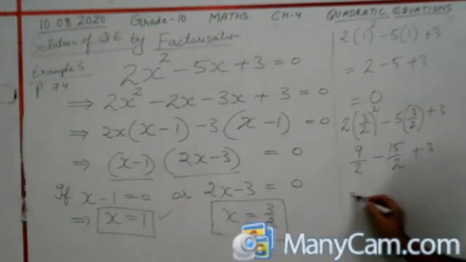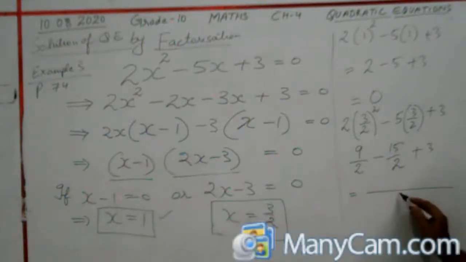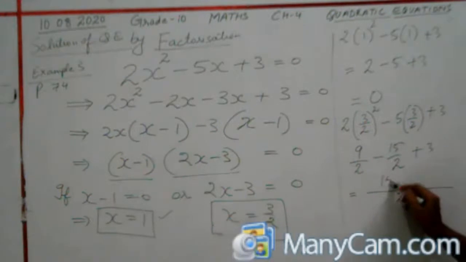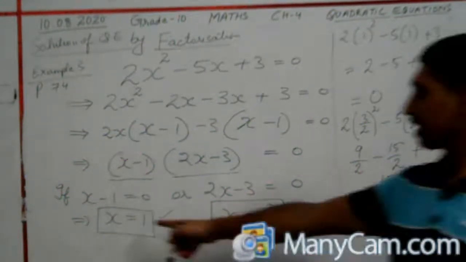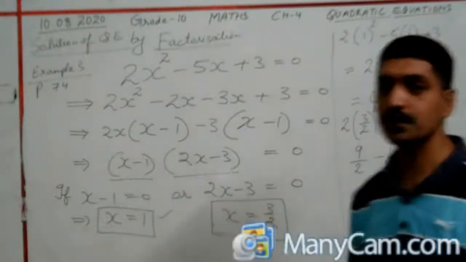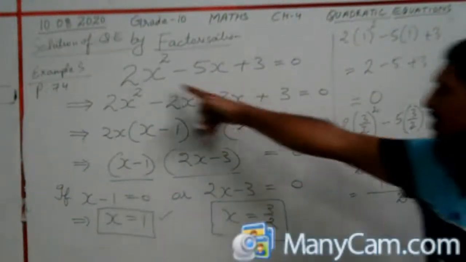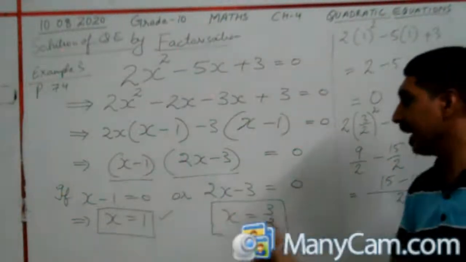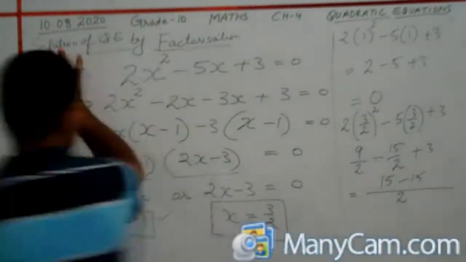When we take the LCM, which is 2, we have 9 plus 6, that is 15, minus 15, which is equal to 0. So the two roots of the quadratic equation 2x square minus 5x plus 3 are 1 and 3 by 2. I hope example number 3 is clear to you.